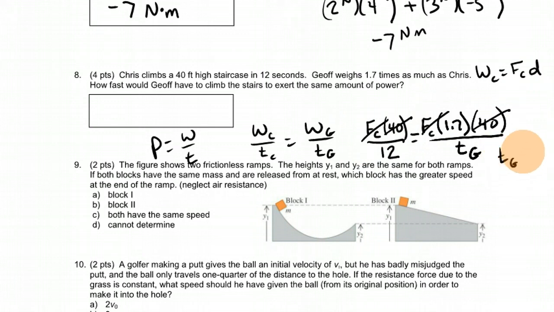So the time for Jeff looks like it's going to be 12 times 1.7. Doesn't have to run as fast because he's bigger. So that's equal 12 times 1.7, and that number comes out to be 20.5 seconds.